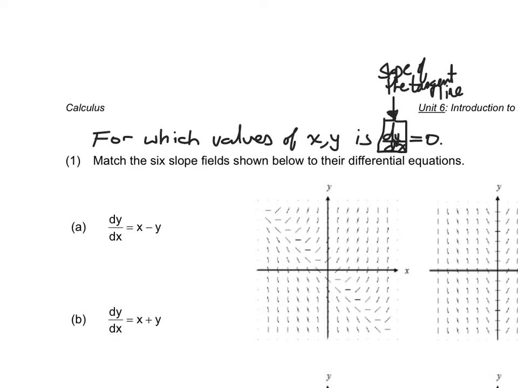All right, so if I could determine which values of x and y lead to a slope equal to 0, then we'll be in good shape. One technique I could use would be to set my differential equation equal to 0 and solve. If I solve this equation, I would be adding y to both sides or subtracting x and negating, but either way, I'm going to end up with y equals x.